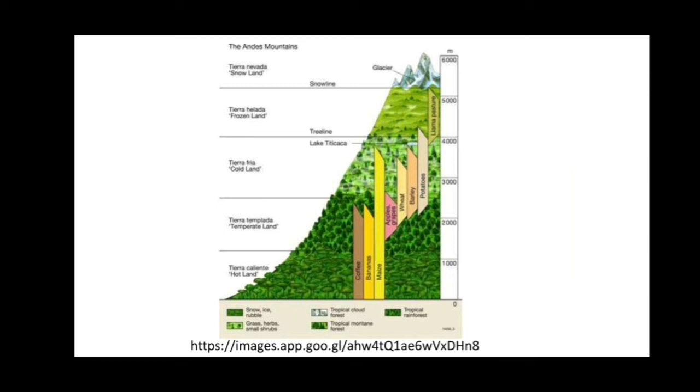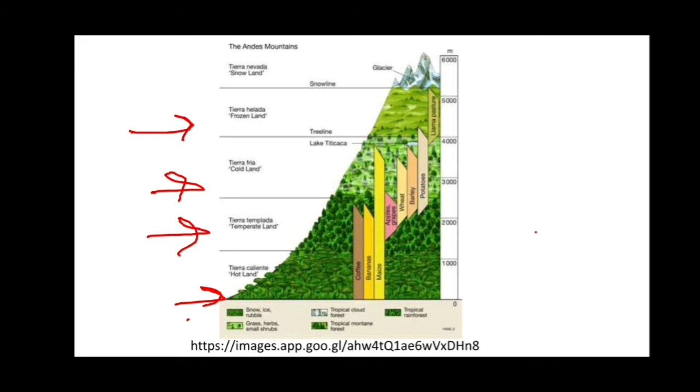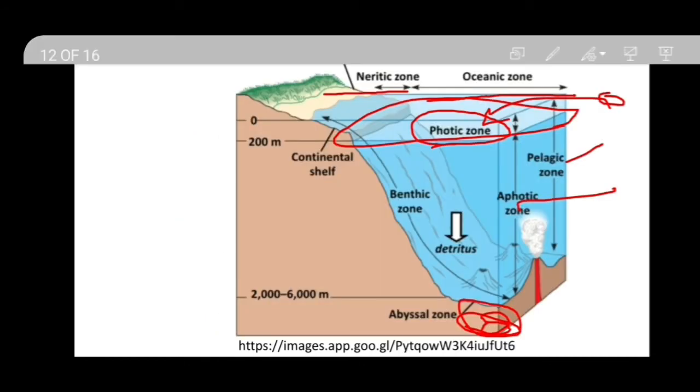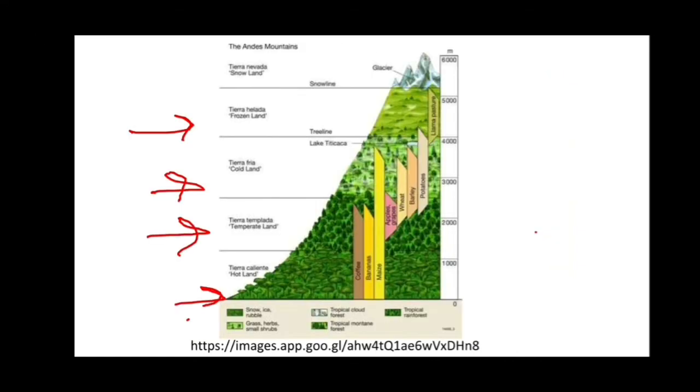For example, you can see here the hot land, temperate land, cold land, frozen land, and the snow land.